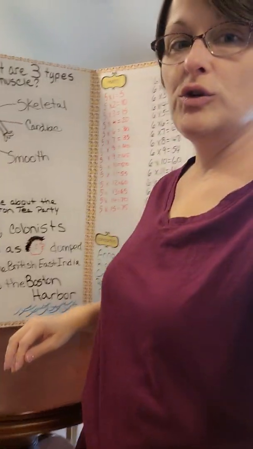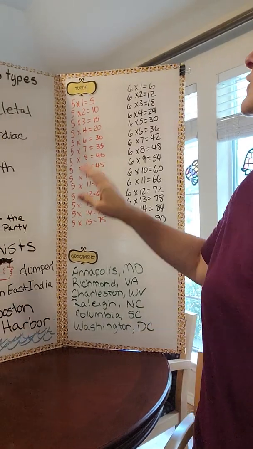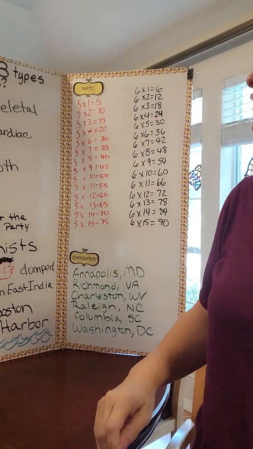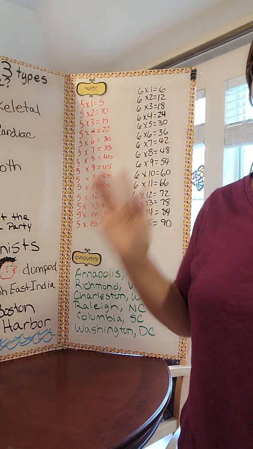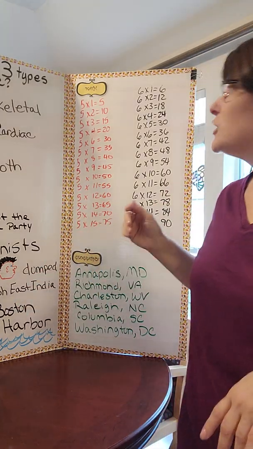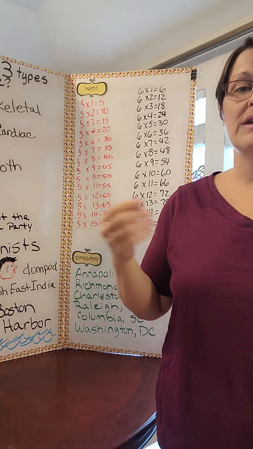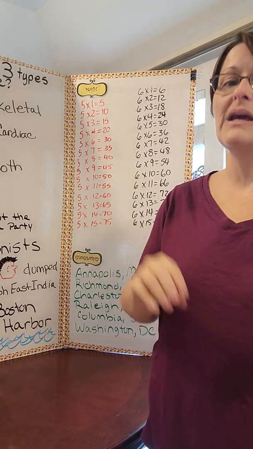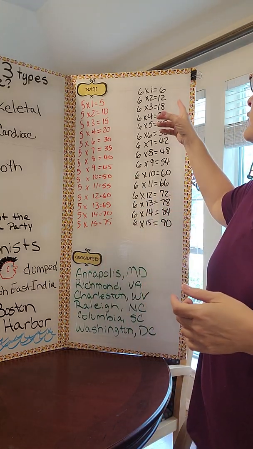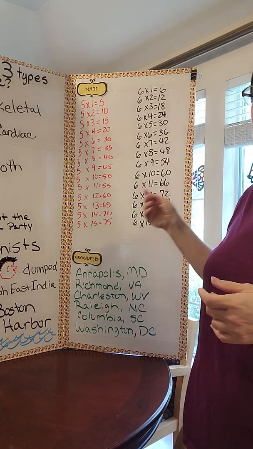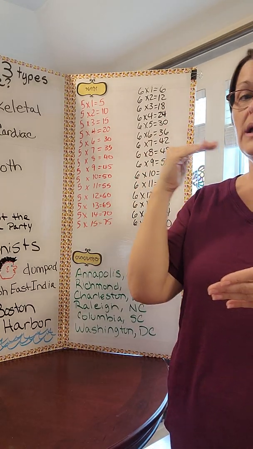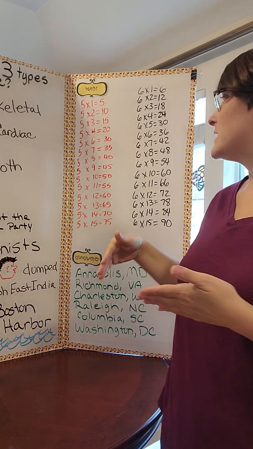Then we went into math. We did our times tables for 5s and 10s. Your 5s are 5, 10, 15, 20, 25, 30, 35, 40, 45, 50, 55, 60, 65, 70, 75. And then for the times tables for the 6 in class, for both of these numbers, we did our entire equation, but we also sang the song.